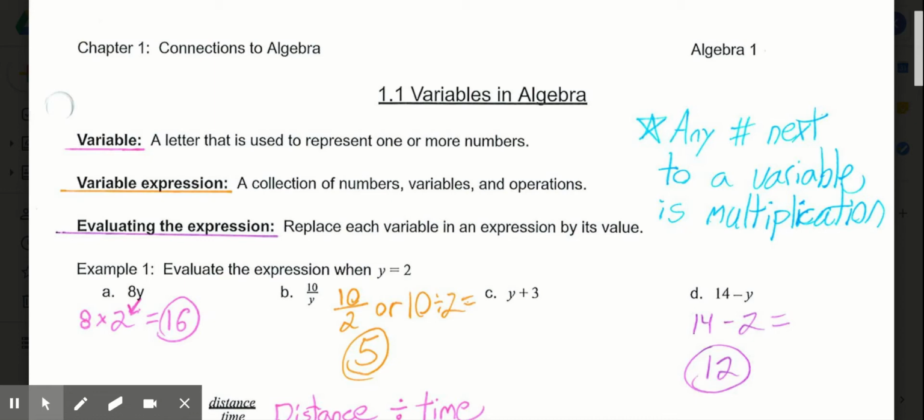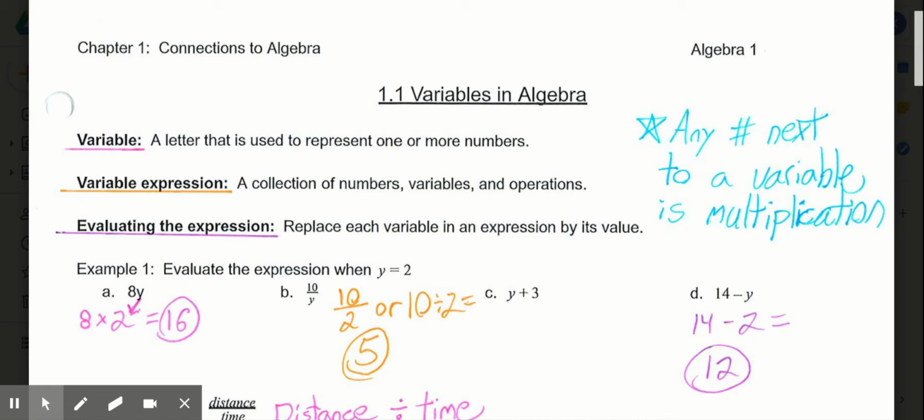If I had x over 5, that would be x divided by 5. So any fraction is always top divided by bottom. So in part B, 10 over 2, we're replacing the y with 2. 10 over 2, which is 10 divided by 2, that would give us a value of 5.